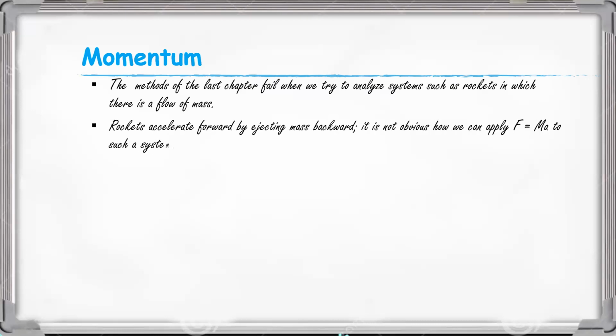In the case of rockets, it accelerates forward by ejecting mass backward. So it is not obvious how we can apply F is equal to ma to such a system. So we generalize the laws of motion to overcome these difficulties.